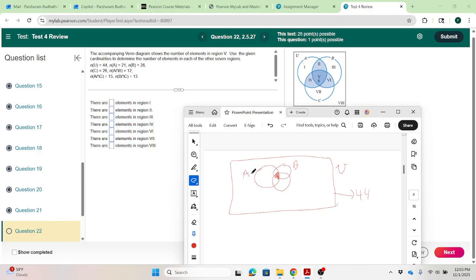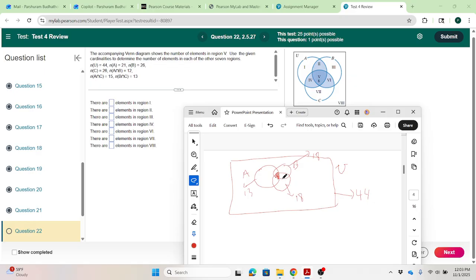So you have to subtract 8 from each of them. From A, 21 minus 8 is 13, so there are 13 elements left over in A. From B, 26 minus 8 is 18, and from C, 26 minus 8 is 18 as well.